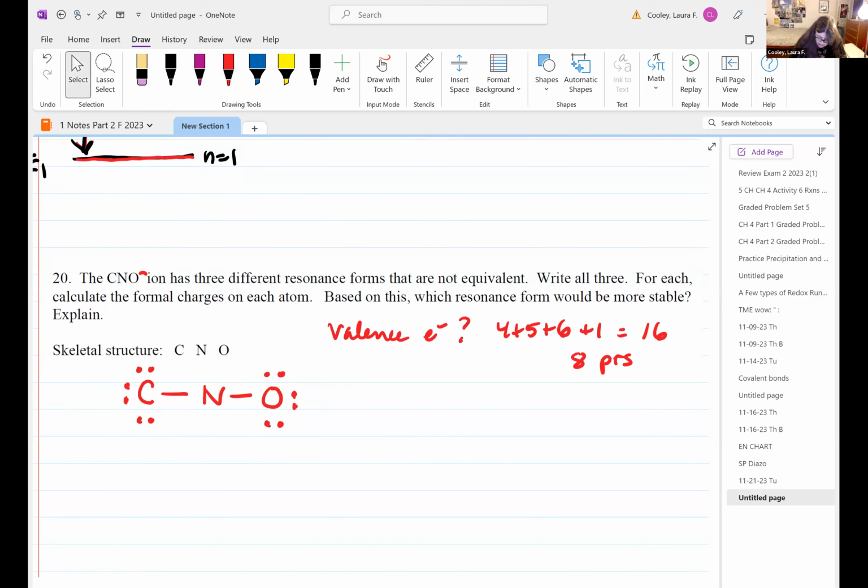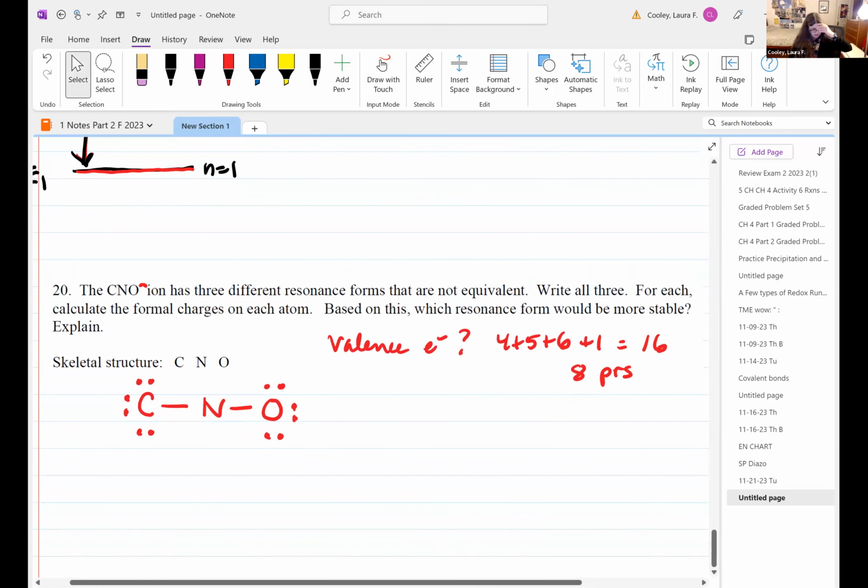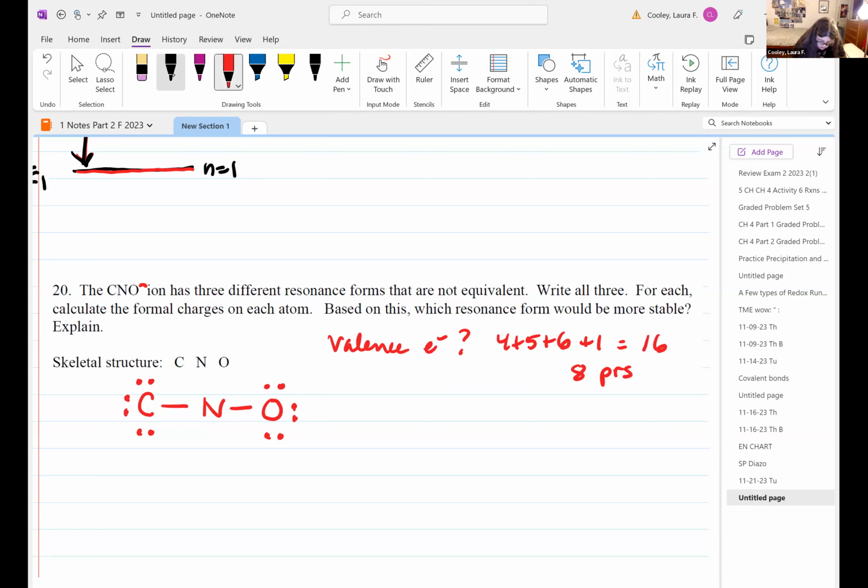Now, how can we make this molecule work? What can we do here? There's different ways that we could make an octet on the central end. Give me one way that you could do it. You can take a lone pair from each, the carbon and the oxygen, and double bond the nitrogen.